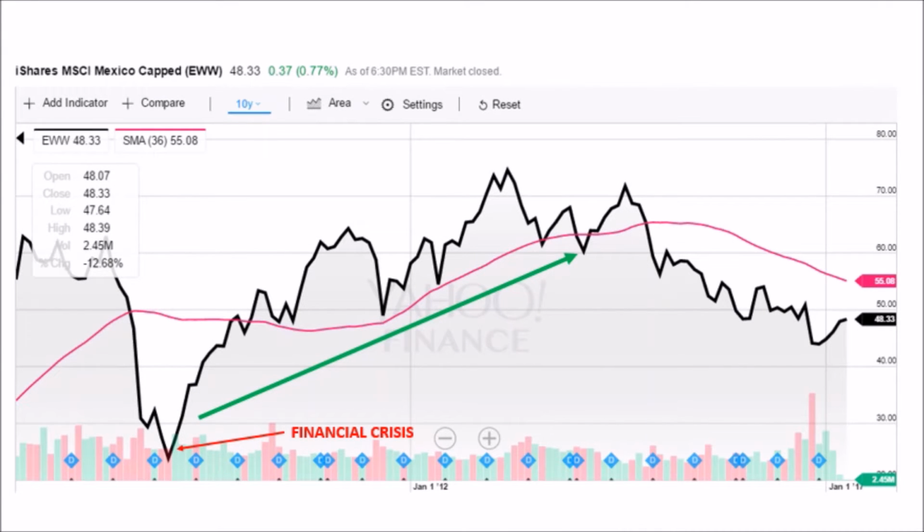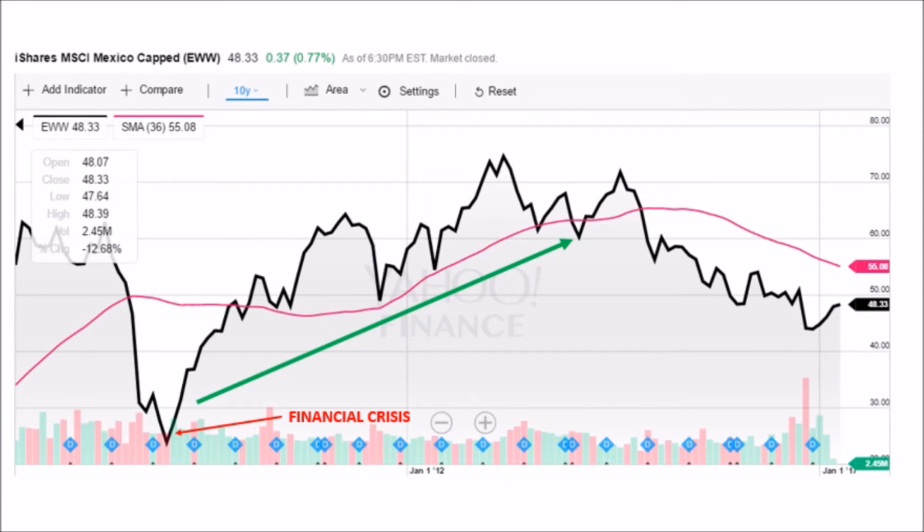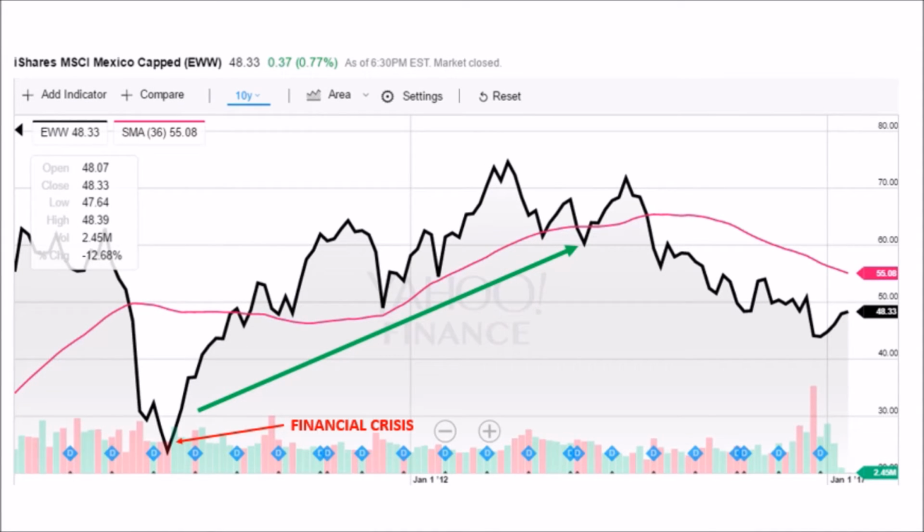The importance of that 3-year moving average is even more evident where I've drawn it out in this slide, where you can see how during the financial crisis in 2008, when EWW broke hard below that moving average, it dropped like a rock. It bottomed out in March of 2009, and in particular, once it got above that long-term 3-year moving average, that average acted as support, and basically EWW went straight up for about a 4 or 5 year time period.